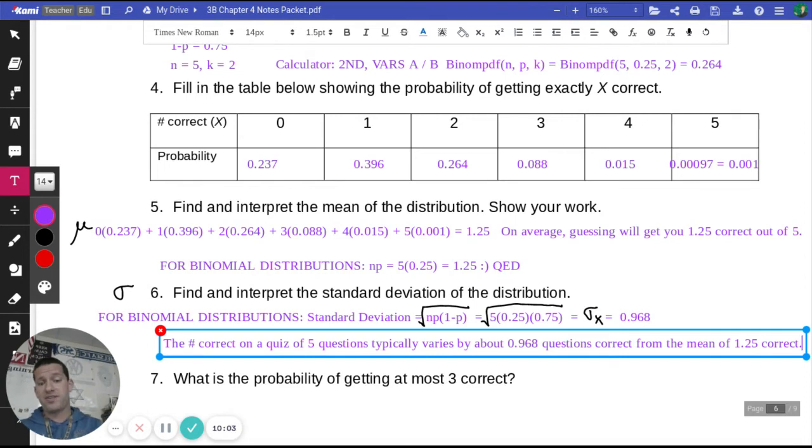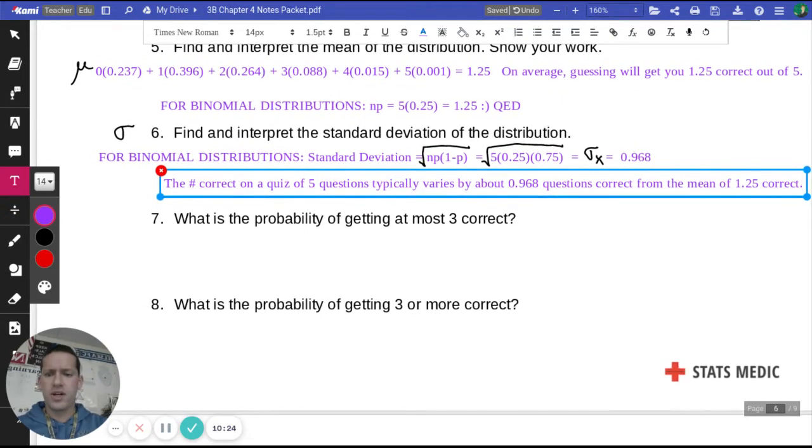So you have a little range here of what you're expected to get, and most people will be about one question correct away from the mean of 1.25. So most people will fall between a quarter of a question correct and 2 1/4 questions correct.